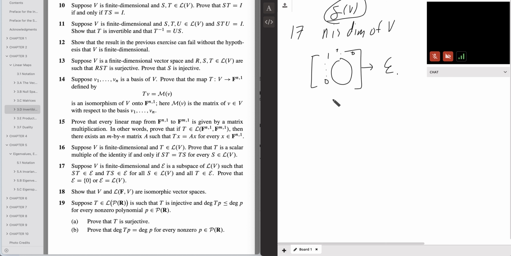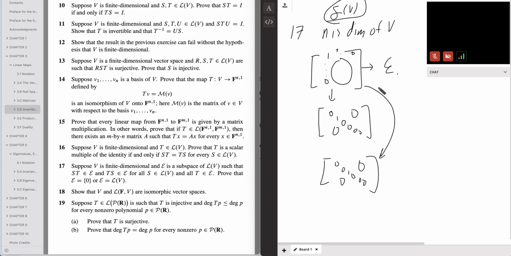And then you can generate new matrices that have 1s dispersed on different spots of the diagonal, zeros everywhere else, which is kind of crazy. It doesn't really make too much sense, but you can do this.